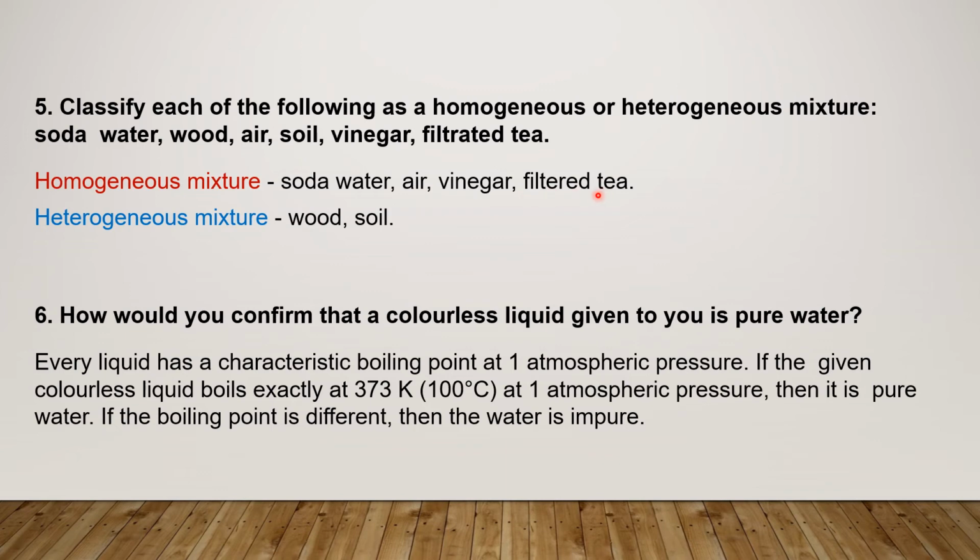If there are any smoke or dust particles in air, we can call it heterogeneous, but otherwise air is a homogeneous mixture. And heterogeneous mixtures are wood and soil.